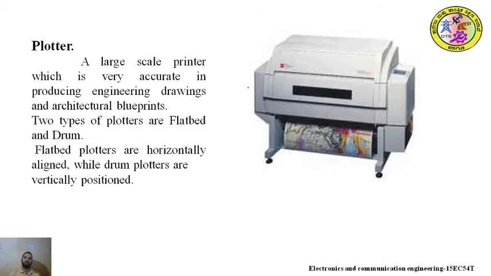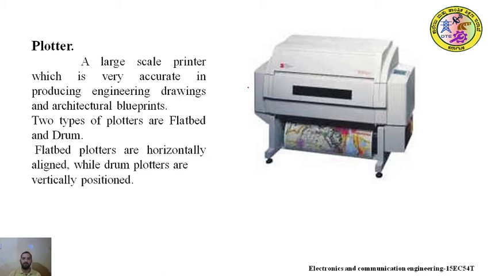And this is one of the printing machines used in the market, called a plotter. A plotter is usually a big machine or big printer used to print very accurate images. These machines are used to produce engineering drawings and architecture blueprints.